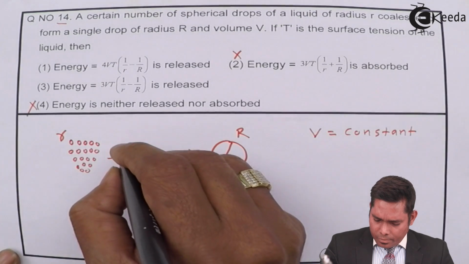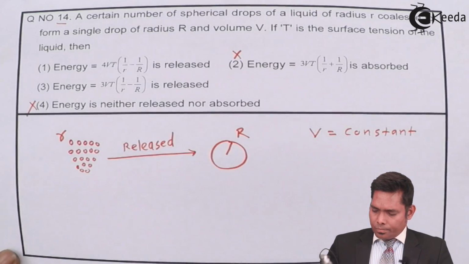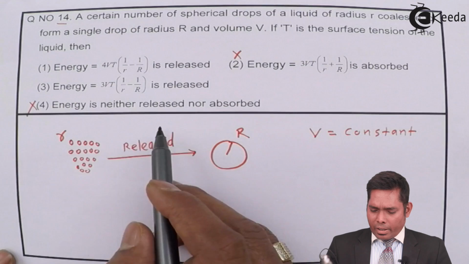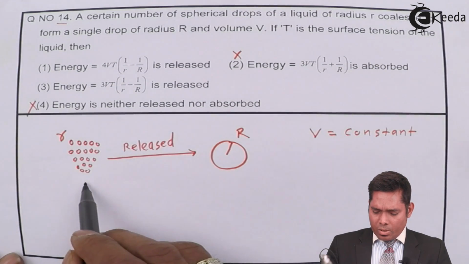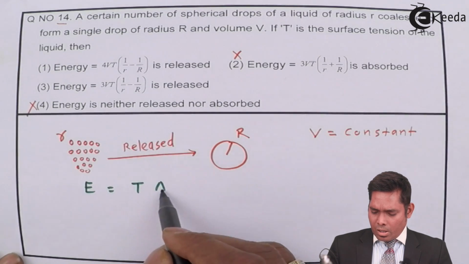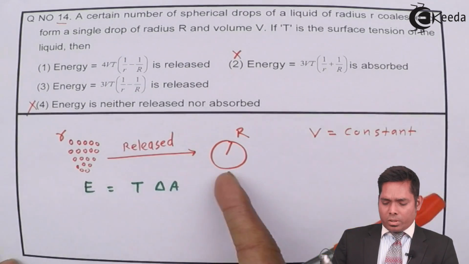Now, I will write the formula for the energy released or absorbed. The formula is the same: energy is T delta A. That is the work done in this process.